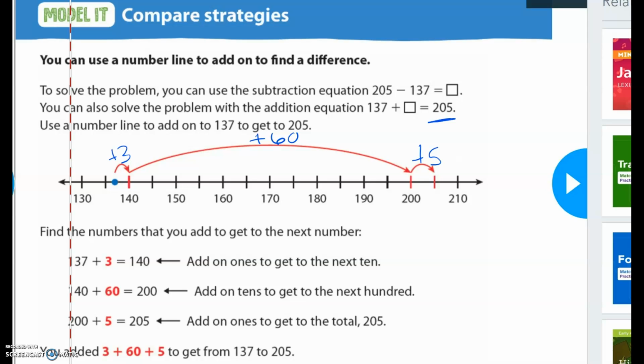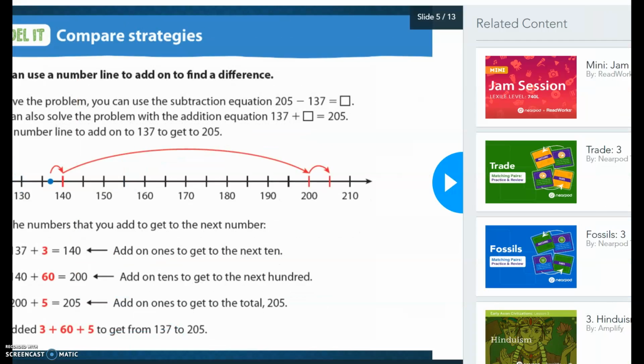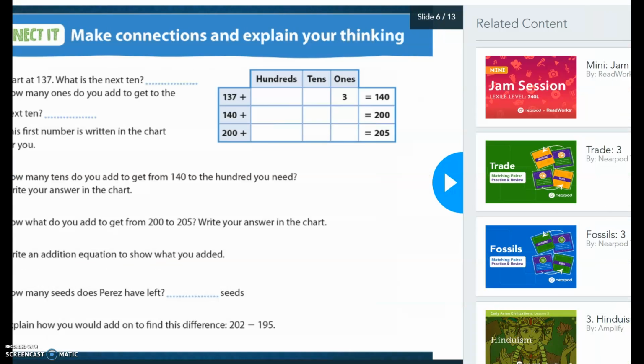Then when you put those together, that gives you 68. Do you see that? So we added 3 to get to 140, added 60 to get to 200, added 5 to get to 205. You put those together and you get 68. So that's another way you could do it. I actually really like that way. I kind of forgot that you can do it that way.